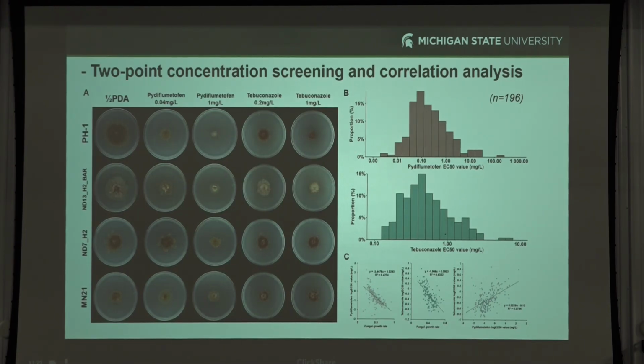I just wanted to show you that. I know it's pretty basic stuff. You guys might not care too much about it, but it's important that we're out there checking for any resistance issues that might be developing. These graphs are showing how many of the different fusarium isolates we have and how sensitive they are. The further to the right they are, the greater the concentration that they're able to grow at.